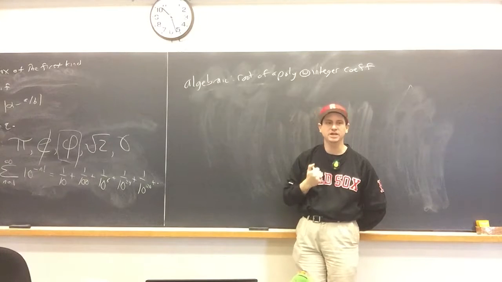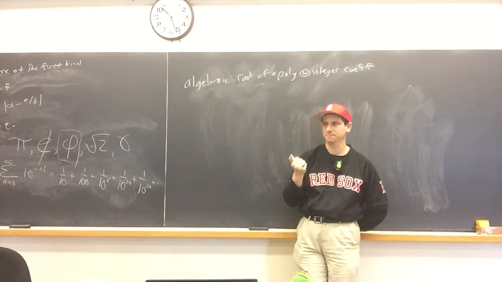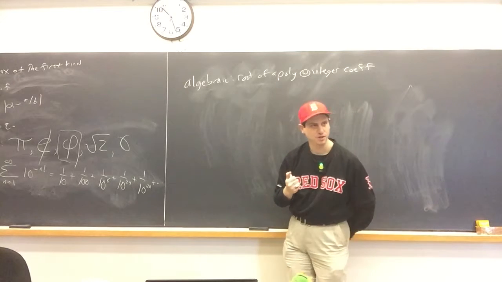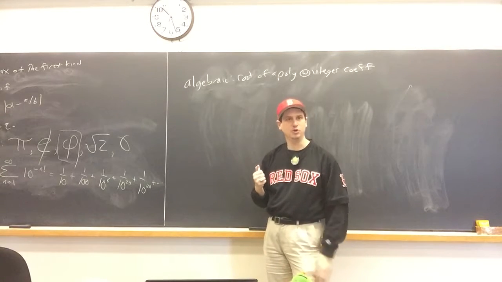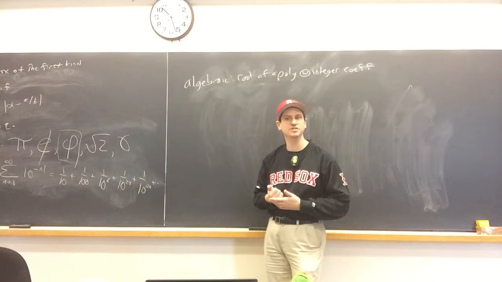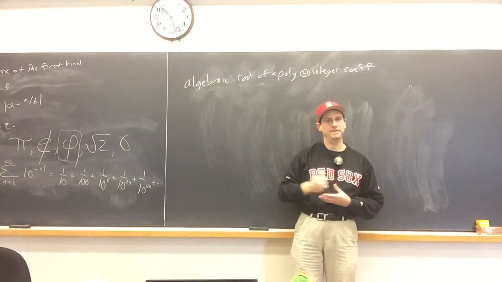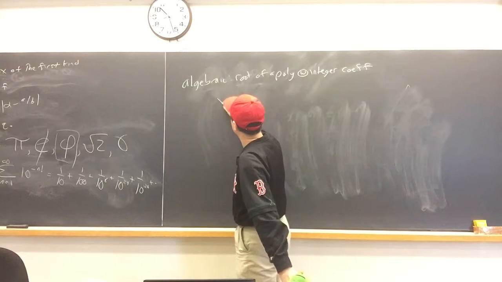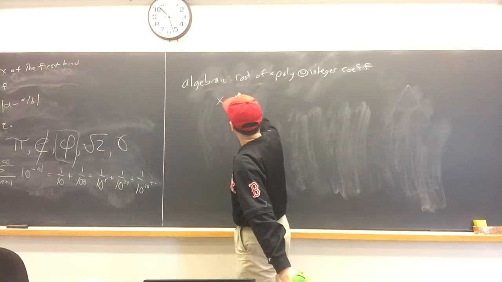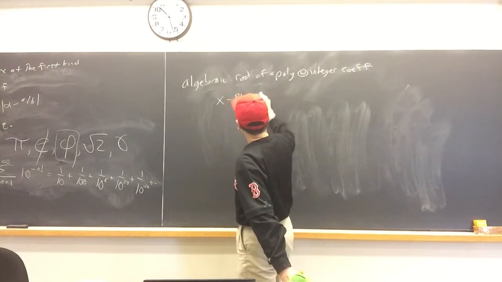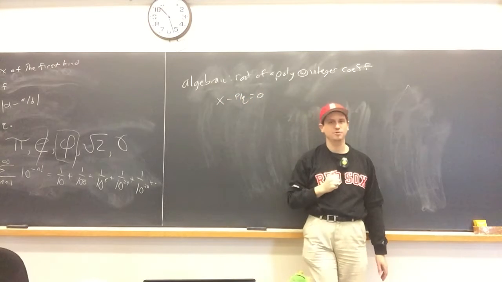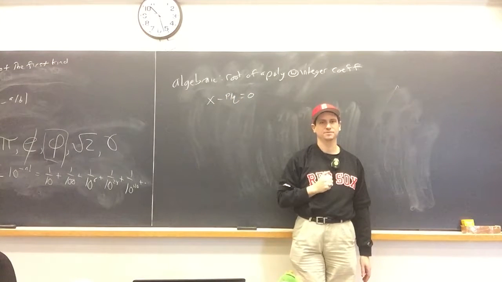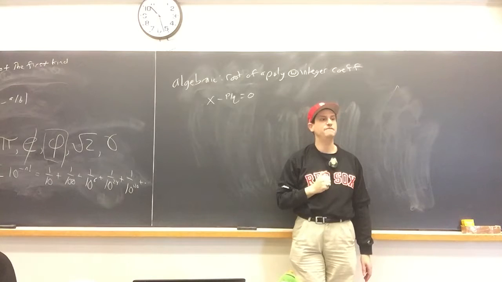So somebody give me an example of an algebraic number. Square root of 2. So, in fact, all square roots of integers are algebraic. In fact, all rational numbers are algebraic. You know, x minus p over q, is that a polynomial with integer coefficients? No, but we can fix it.